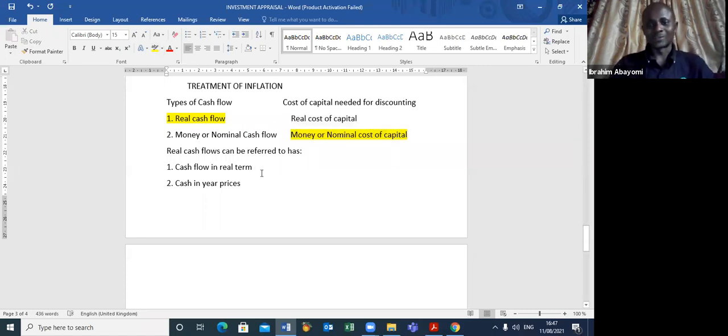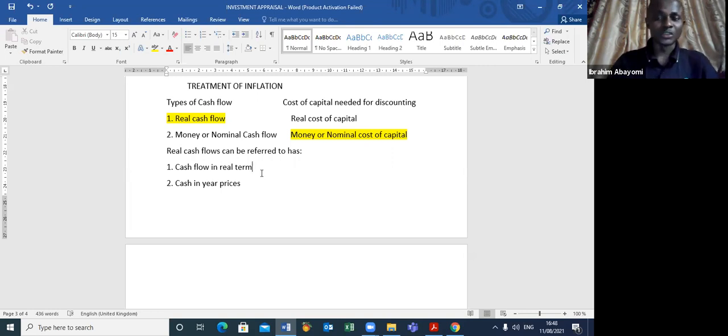When you have this situation, there is a problem, because the principle is to discount real cash flow using real cost of capital. But now the question has given you real cash flow and money cost of capital. So it will be inappropriate for you to pick that money cost of capital and use it to discount the real cash flow.